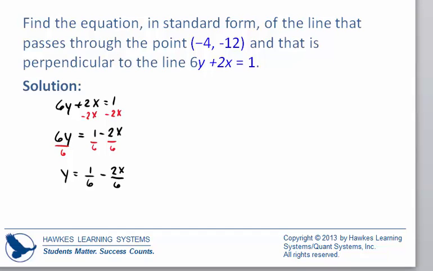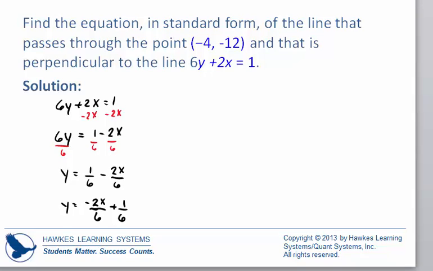I'm going to switch out the order so that the x term comes first: -2x over 6 and positive 1/6.